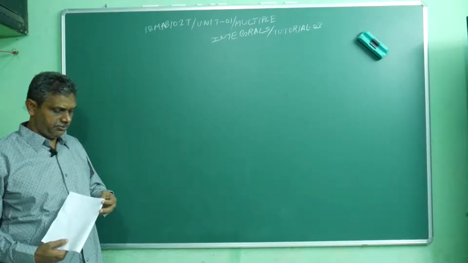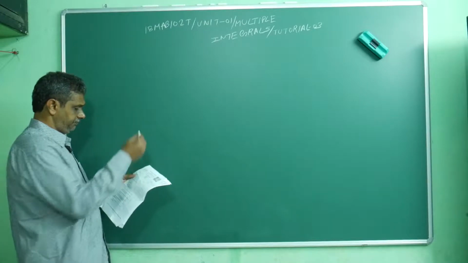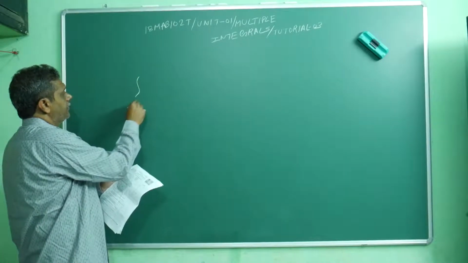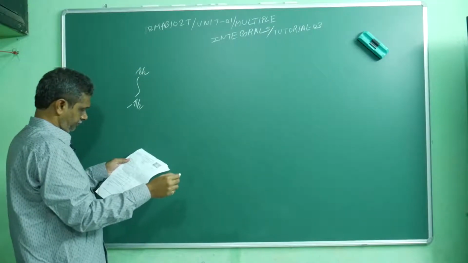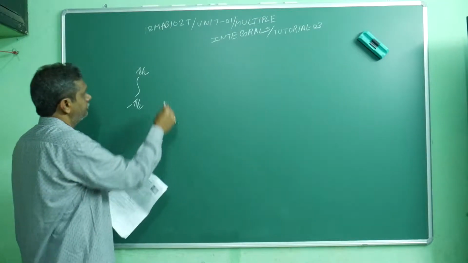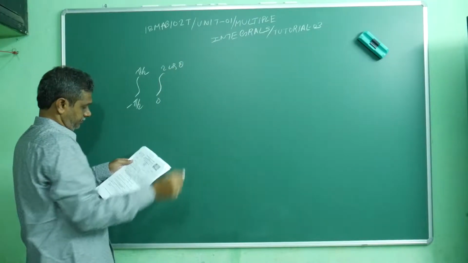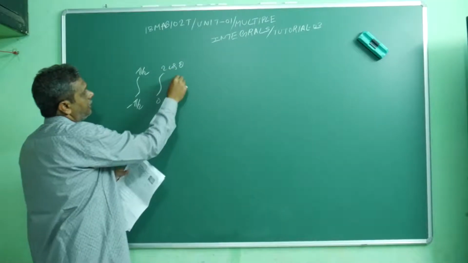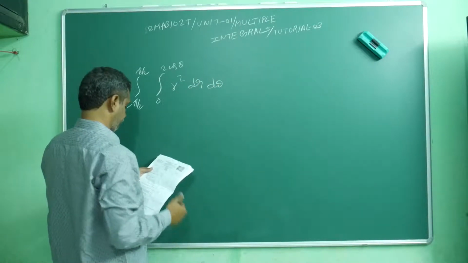This is the first problem. Evaluate the integral from minus pi by 2 to pi by 2, 0 to 2 cos theta, r square dr d theta.